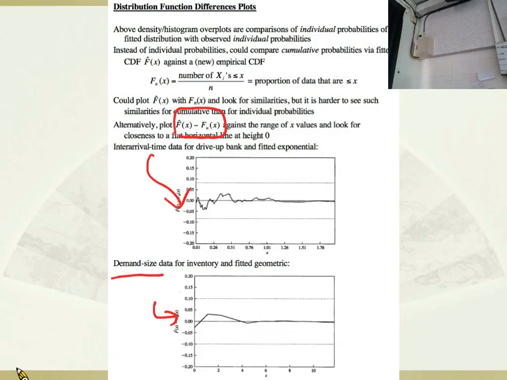So this is the difference. You should understand how to construct the empirical F sub n. It's easy. We have the proportions only, so that we can have the accumulative probabilities.